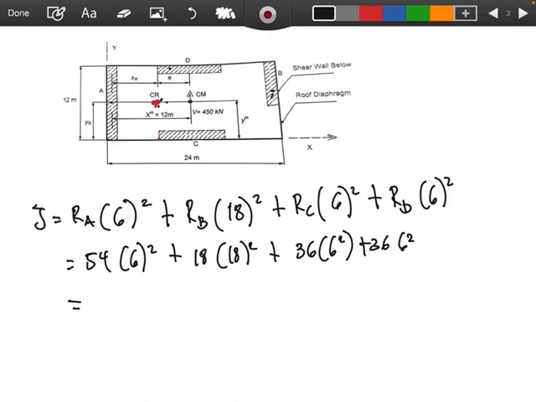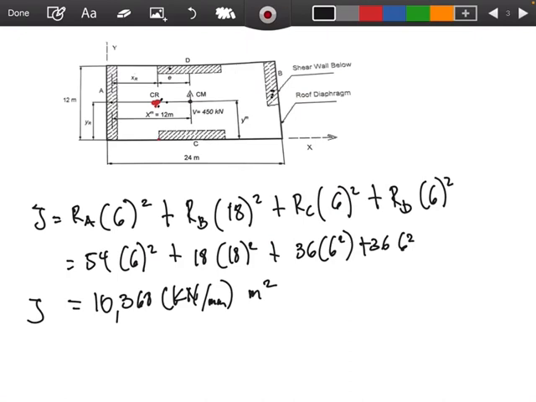So, this is 10,368 kilonewton per meter squared. Right? So, this is what we call the torsional rigidity.